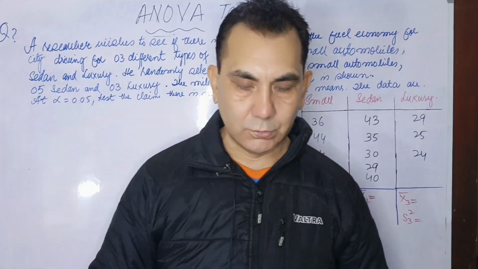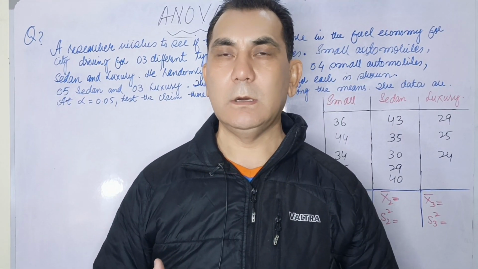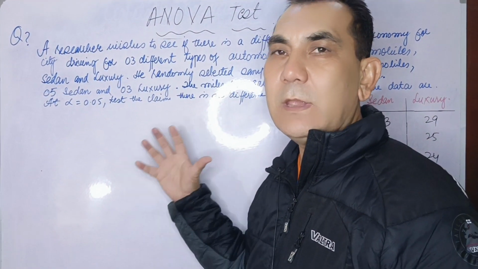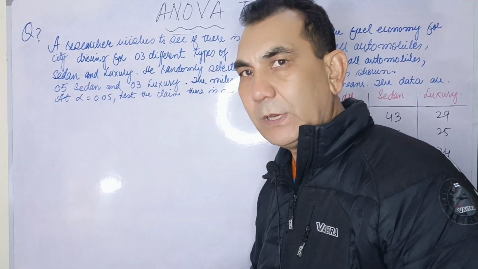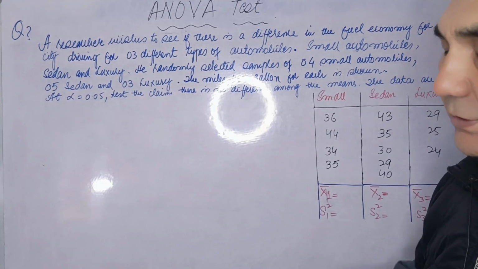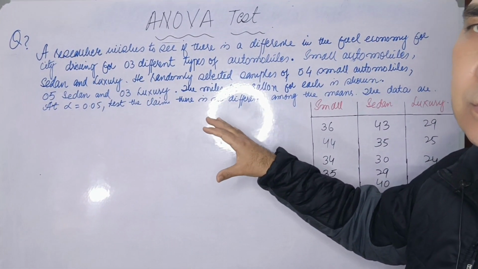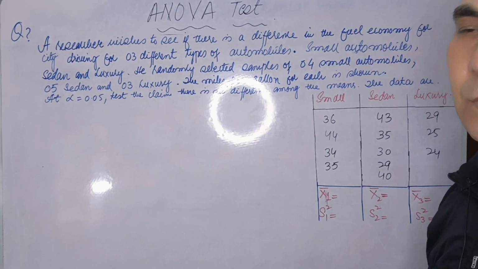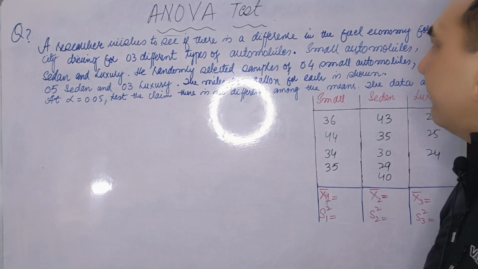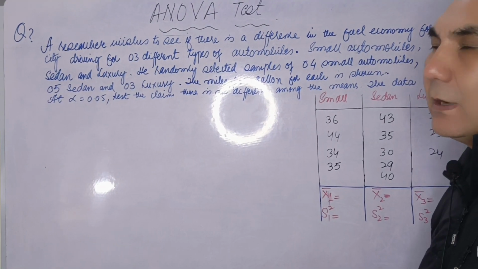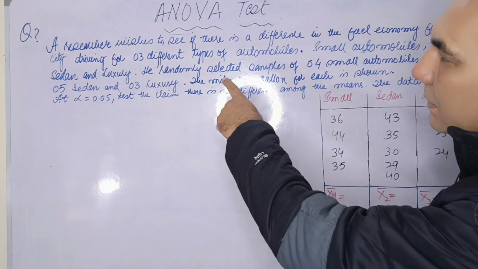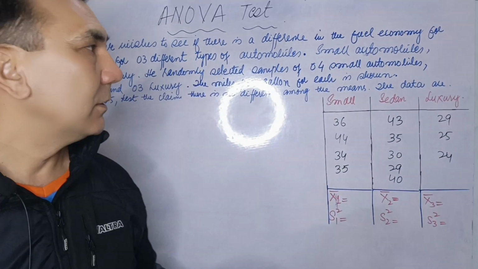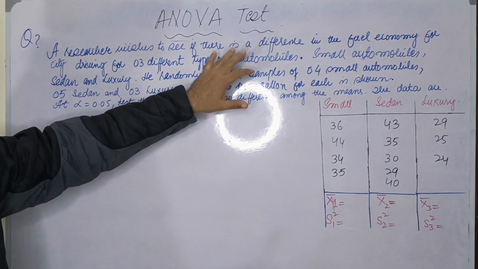Okay, let's solve ANOVA, the F test, through a numerical. So let's first read the numerical. It says a researcher wished to see if there is a difference in the fuel economy for city driving for three different types of automobiles.